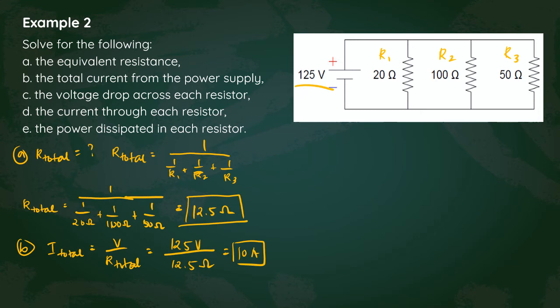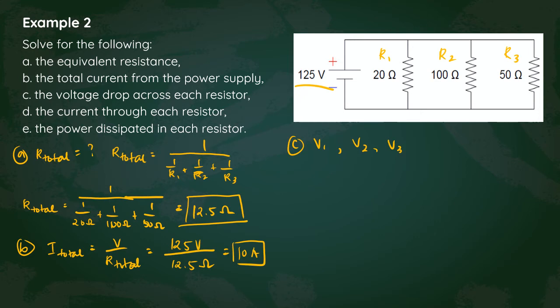So in the circuit, from the power supply, a total of 10 amperes will flow and will be distributed to the three resistors. For C, what will be the voltage drop across each resistor? So that's V1, then V2, and also V3.